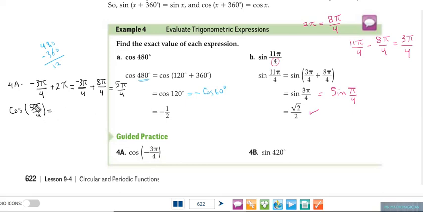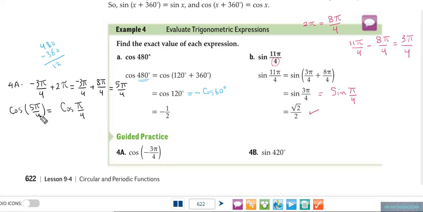Now we need to know its reference angle, because 5 pi over 4 is more than 4 pi over 4. So its reference angle will be pi over 4. So this will be the same as cosine pi over 4.